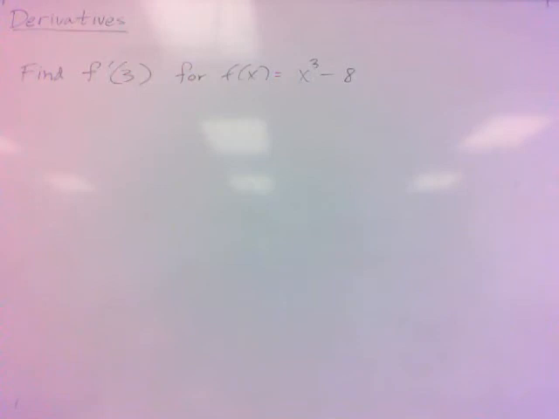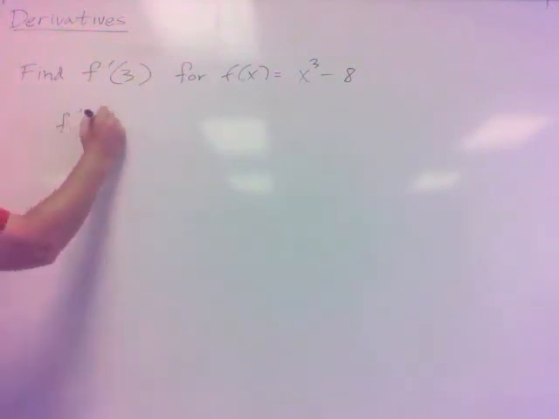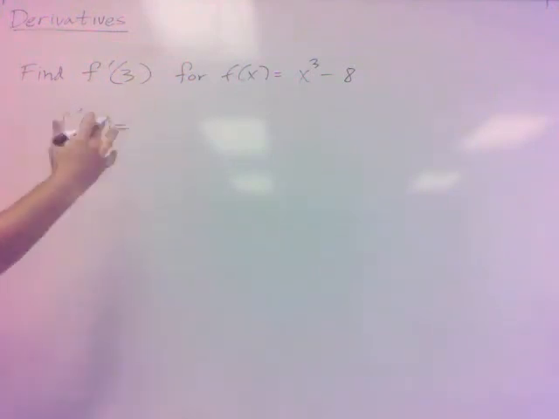One way is to just find f prime of x, and then I've got x is 3, so I can just plug in my 3 there. I could plug in 3 at the first, but I would suggest let's first find f prime of x, and then we can make our substitution off of that.